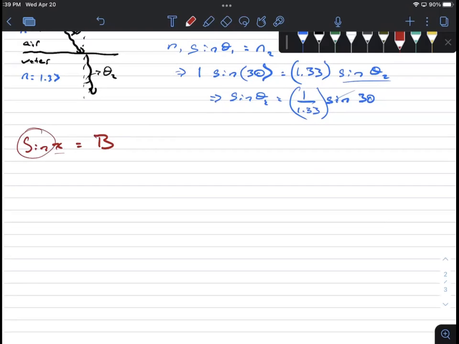I just want x. So I have to do the inverse of taking the sine, which is take the inverse sine. So I do the inverse sine of x. But because I did it on the left, I also have to do the inverse sine on the right. So inverse sine of b. And what does that do? The inverse sine cancels the sine, and so I'm left with x is arc sine or inverse sine of b.